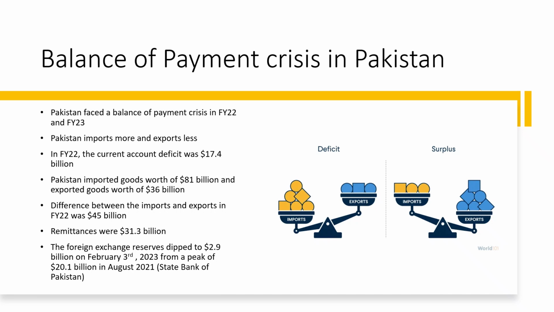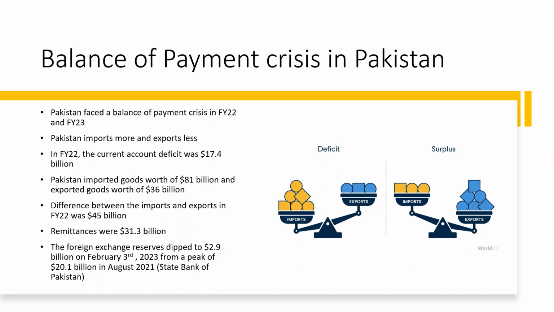Then, students, the foreign exchange reserves were used to pay for the deficit, and the foreign exchange reserves dipped to $2.9 billion on February 3, 2023 from a peak of $20.1 billion in August 2021. And this statement is by State Bank of Pakistan.